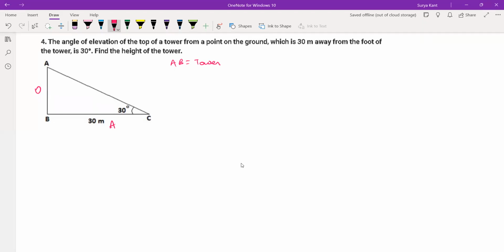O by A, right? Yes, sir, O by A. So we should write tan only. Tan 30 is equal to O by A. So 1 by root 3 is equal to AB by 30. So AB is equal to 30 by root 3. So the answer will be 10 root 3. Understanding how we are reaching 10 root 3?